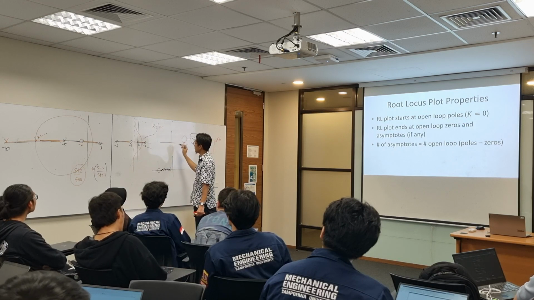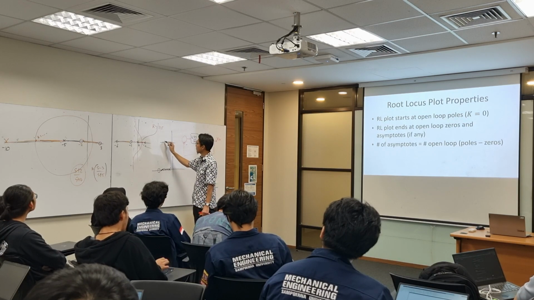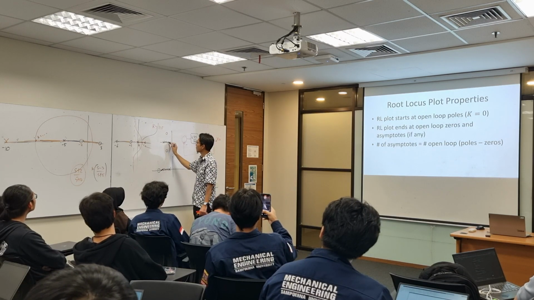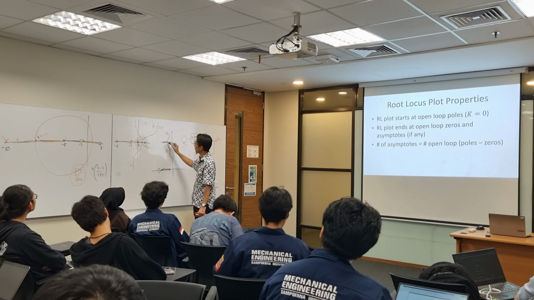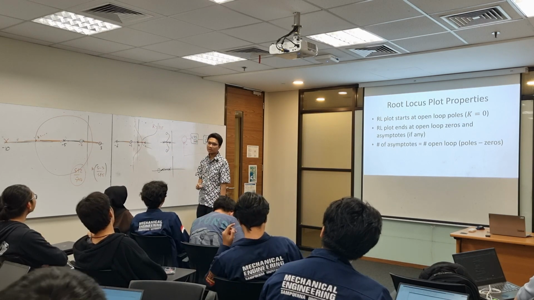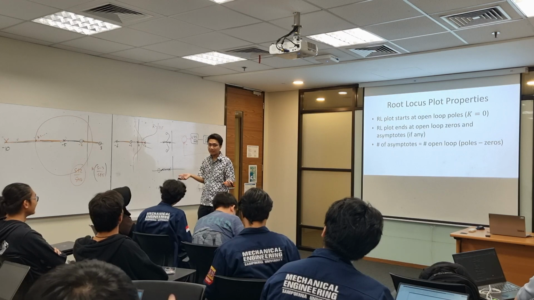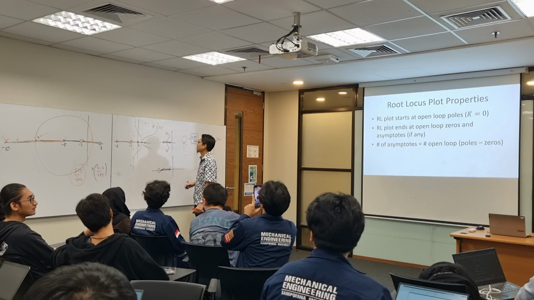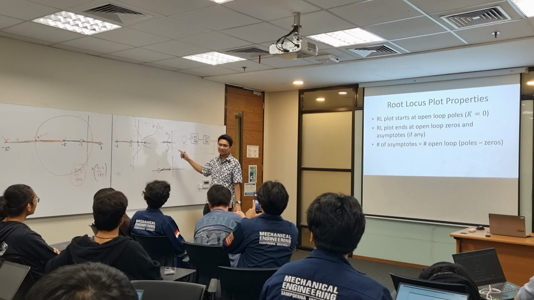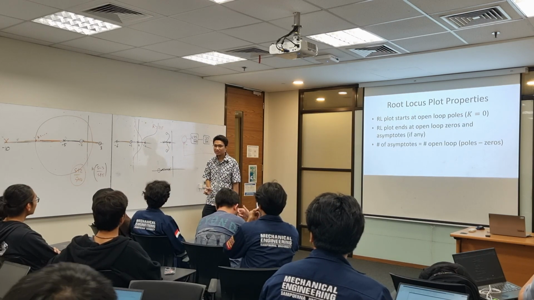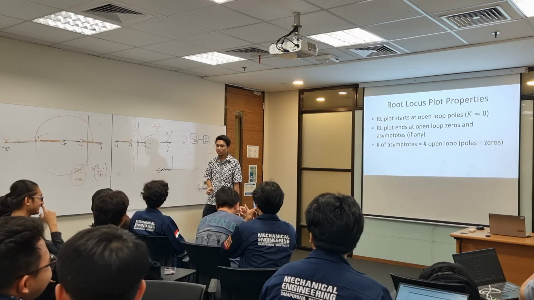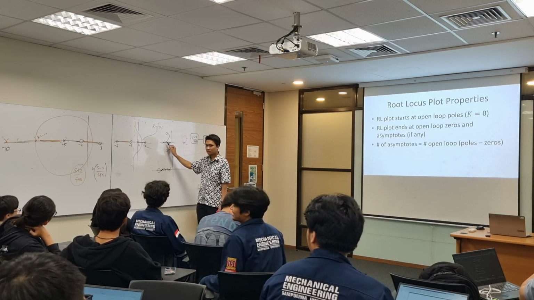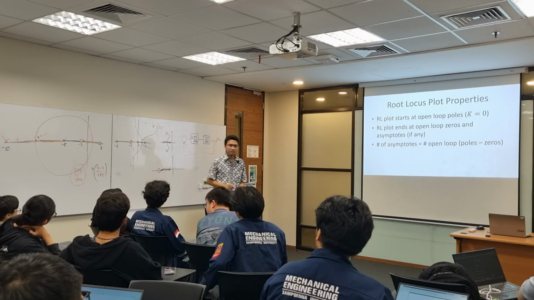Another example is, let's say you have a zero here and another zero over there. So it will go here and then maybe going there. It can also go up directly, but there is no asymptote in this case. It will be from poles to zeros, but there will be some root locus on the real axis. For sure.